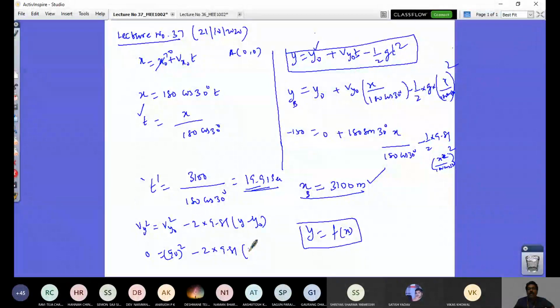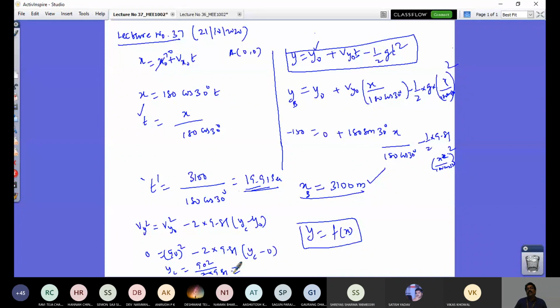So this point y becomes yc. So I put yc minus 0. So I get from this yc as 90 square by 2 into 9.81, that's going to be equal to 413 meters. So I have now my highest elevation from point A.